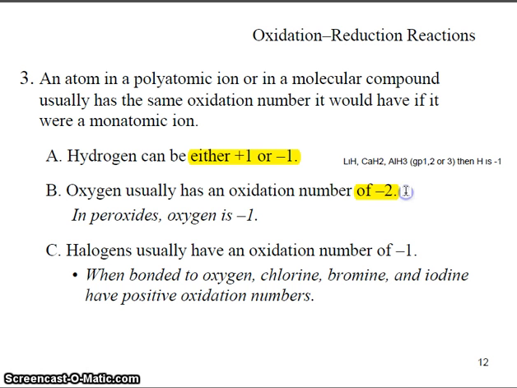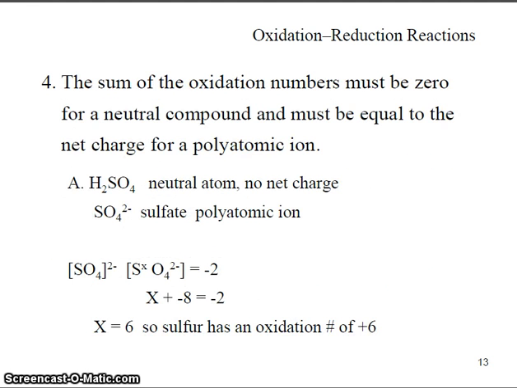And the final thing, halogens, they usually have an oxidation number of -1, but when they are bonded to oxygen, which is just more reactive and has a greater electronegativity than the halogens other than fluorine, of course, then chlorine, bromine, and iodine can have a positive value also. So in general, halogens and other metals would go by the valency, but they could have positive numbers depending on what they are bonded to, especially if they are bonded to oxygen.